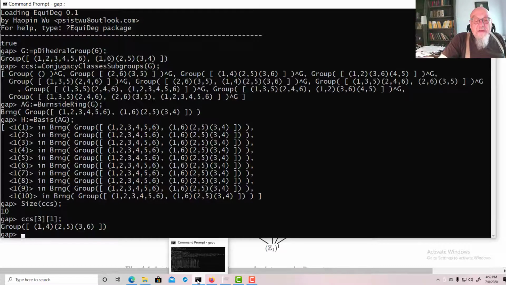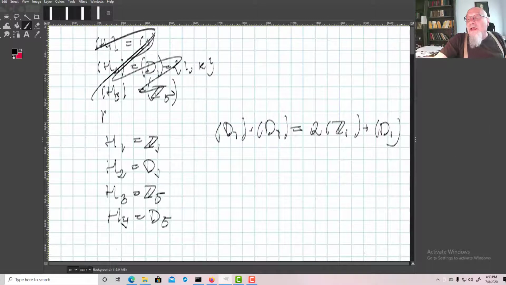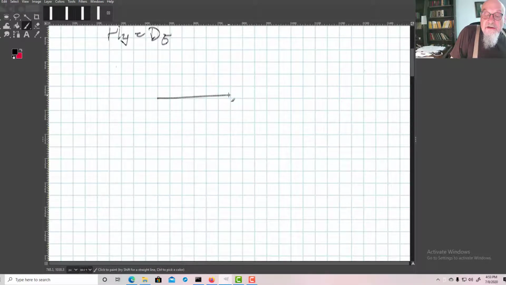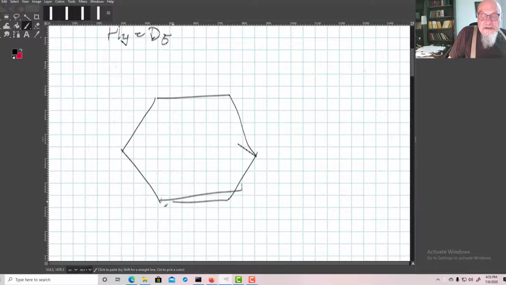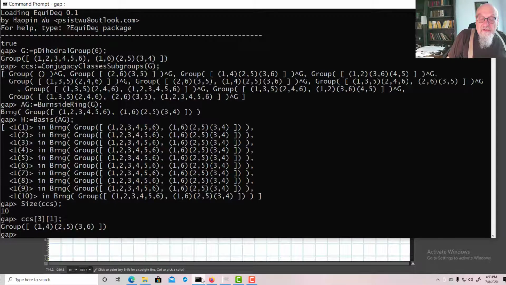Interesting what it could be. So let me go to the picture. Let's make a picture and let's think about what this particular is, so let's make a hexagon. So this is my hexagon, and the hexagon like that has the vertices 1, 2, 3, 4, 5, 6, and as you notice here, this is 1, 4, 2, 5, 3, 6.